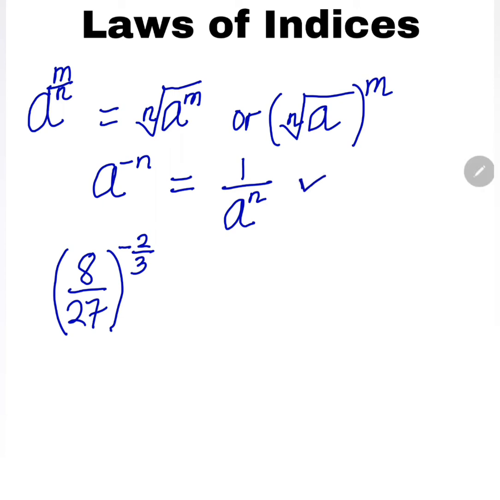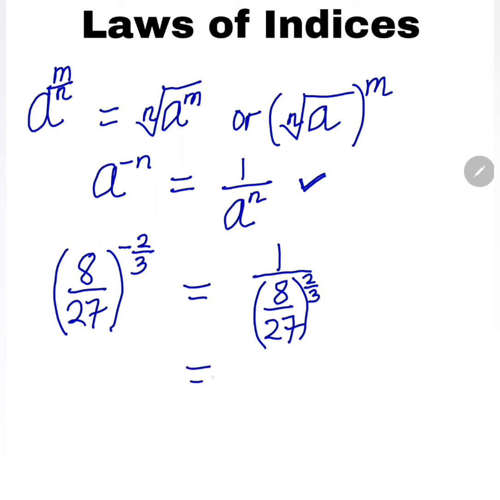So I will apply that law that has to do with negative index, and I'll do 1 divided by your a, which is what is in the bracket, 8 divided by 27. Then, since the negative will no longer be there, I'm just going to add 2 divided by 3.